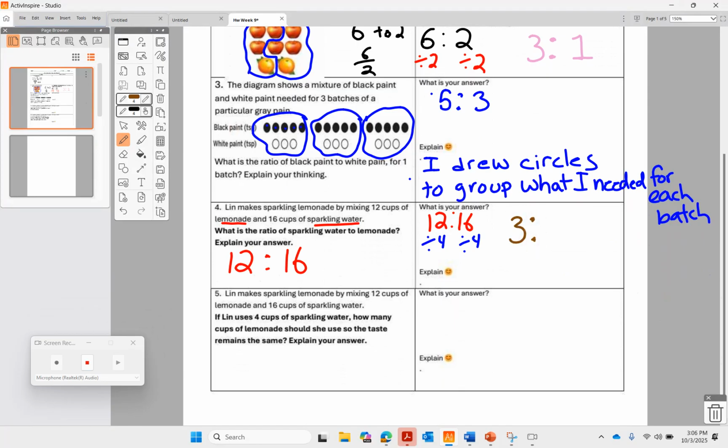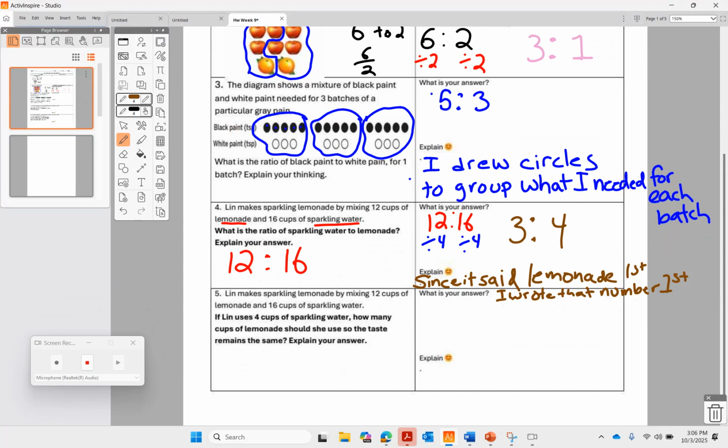So, explain your answer. Now this is important. Since it said lemonade first, I wrote that number first.